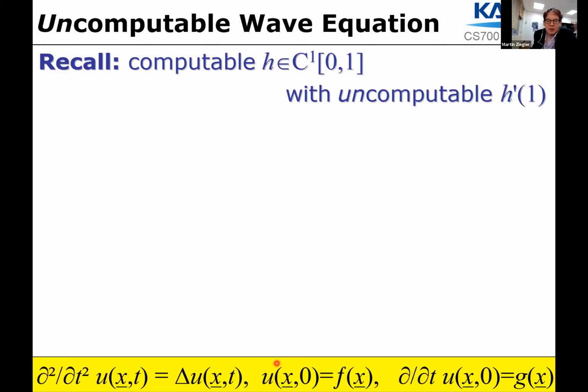For instance, one of the Millennium Prize problems about the Navier-Stokes equation conjectures sufficient conditions for the Navier-Stokes partial differential equation to have, in a sense, good solutions, solutions which don't blow up.